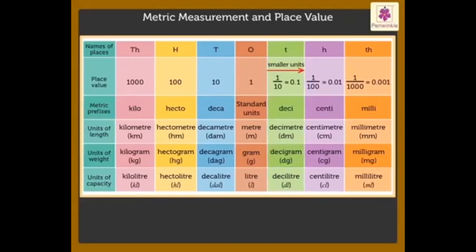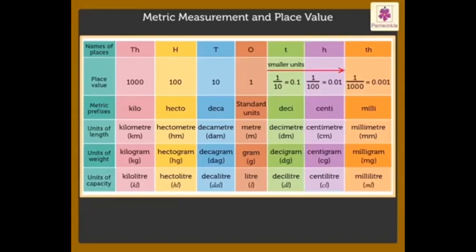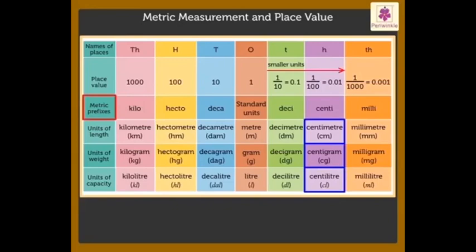And the units in the hundredths column are 100 times smaller than or 1/100th of the standard units. We name these as centimeter, centigram and centiliter, as the prefix centi means 1/100th.